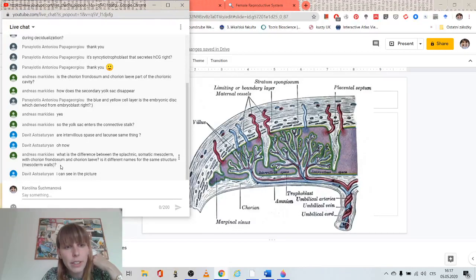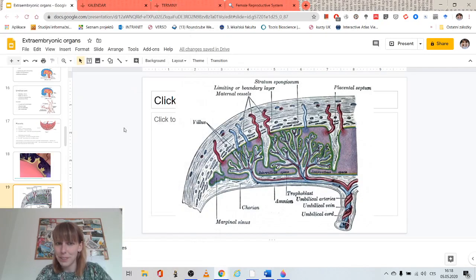And the part of the chorion is also mesoderm, but it's the extra-embryonal mesoderm. So I hope this is the answer to this question. Hopefully. If not, we will get back to it.